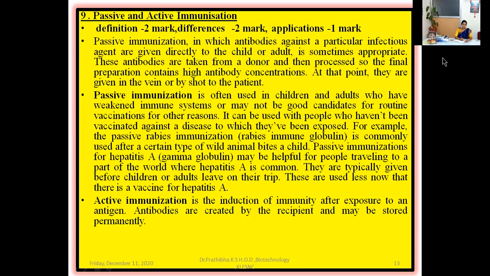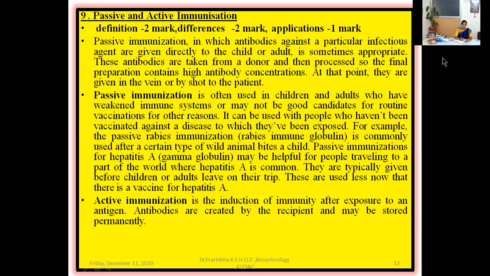At that point, they are given in the vein or by shot to the patient. Passive immunization is often used in children and adults who have a weakened immune system or may not be good candidates for routine vaccination for other reasons. It can be used with people who have not been vaccinated against a disease to which they have been exposed.